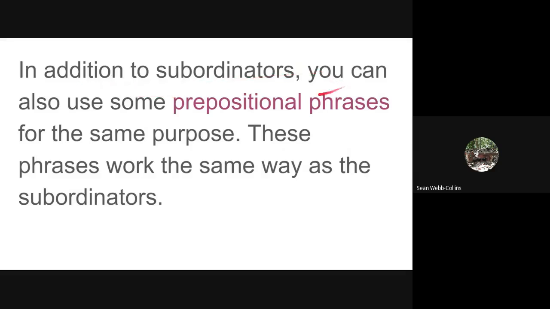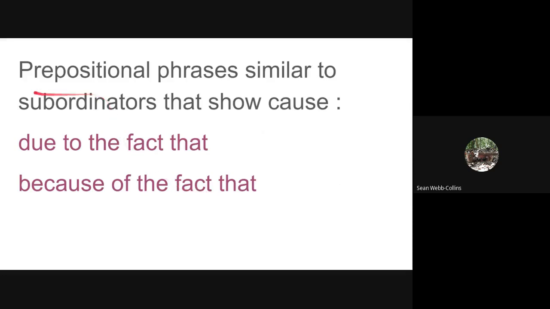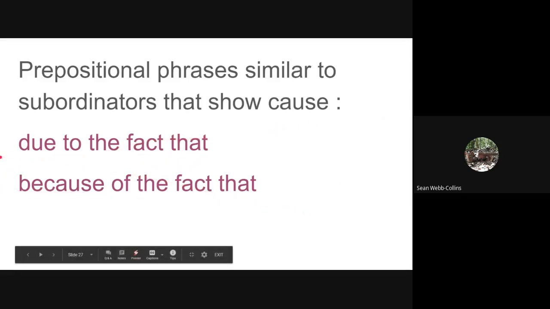So again, we should remember that we can use prepositional phrases for the same purpose as subordinators. They work in the same way. So prepositional phrases similar to subordinators that show cause: due to the fact that, because of the fact that.